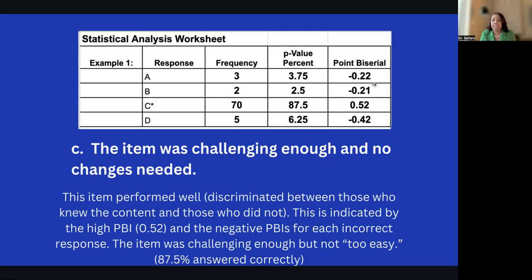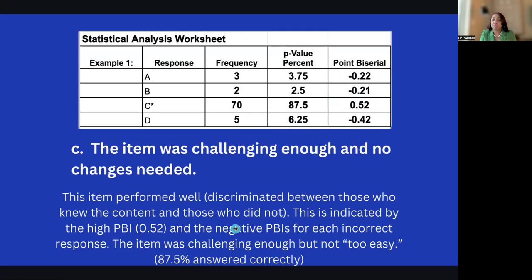This is going to indicate that we have done a really good job of attracting the students that were not knowledgeable about the content because they have chosen the incorrect options, and attracting the students that are knowledgeable about the content. That is going to be determined by the point biserial. Okay, so positive for the correct option, negative for the incorrect is our goal.